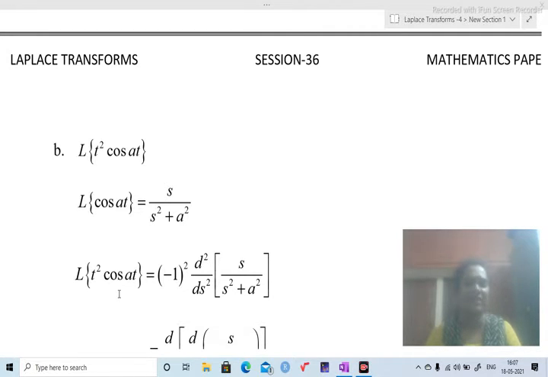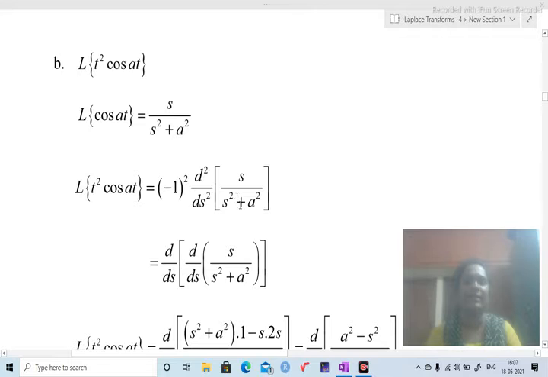This can be evaluated by using the formula which we already proved. So here f of s means s by s square plus a square. Here 2 times differentiation is there, that's why first I want to complete one time, afterwards again one more time.